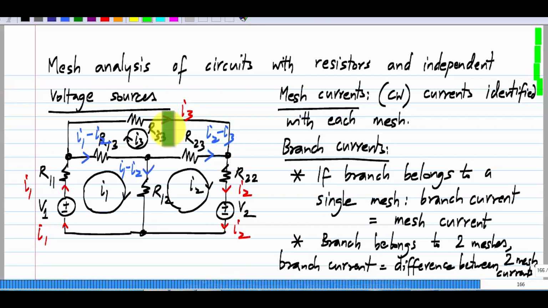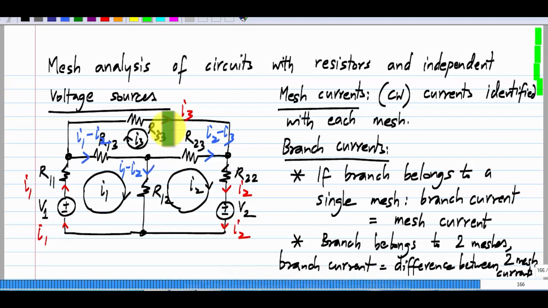If the branch is connected between two nodes, neither of which is the reference node, then the branch voltage will be the difference between two node voltages. Similarly, in mesh analysis, if the branch is on the periphery of the circuit, that is, if it belongs to only a single mesh, then its current will be equal to the mesh current, and if the branch belongs to two meshes, then its current will be equal to the difference between two mesh currents.